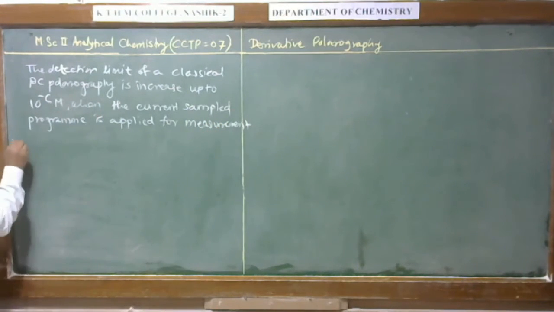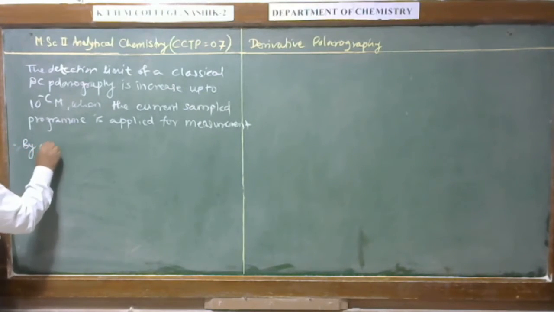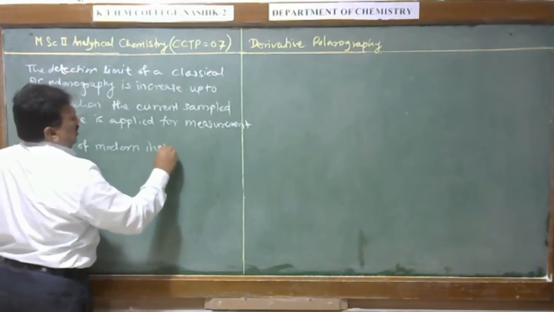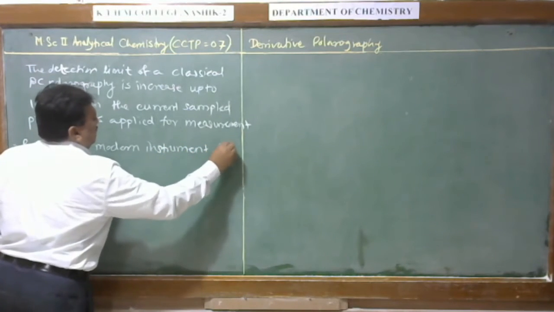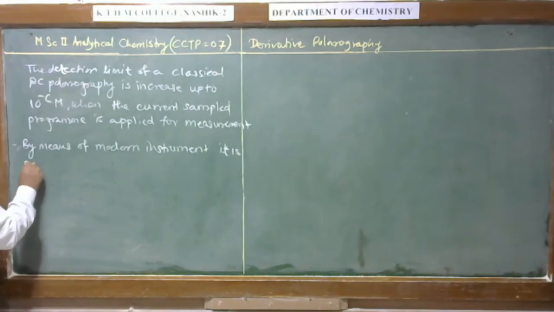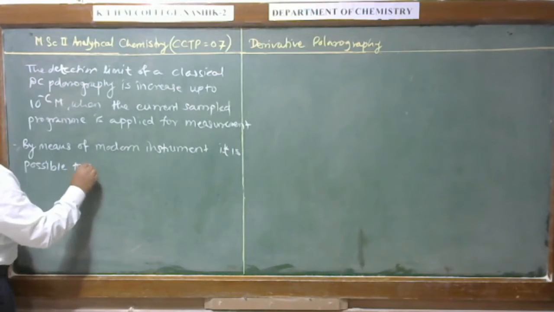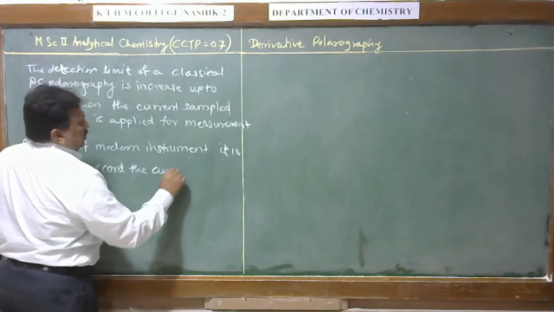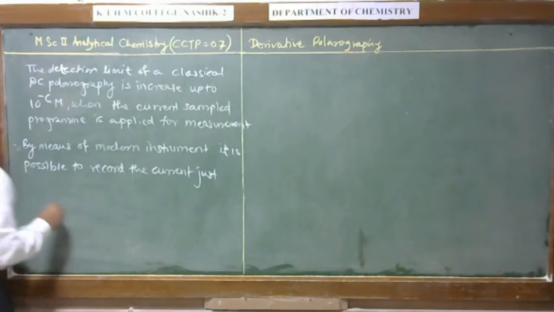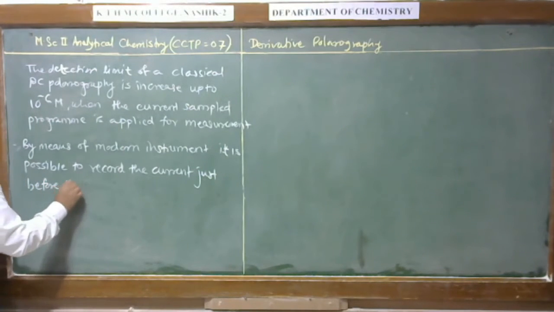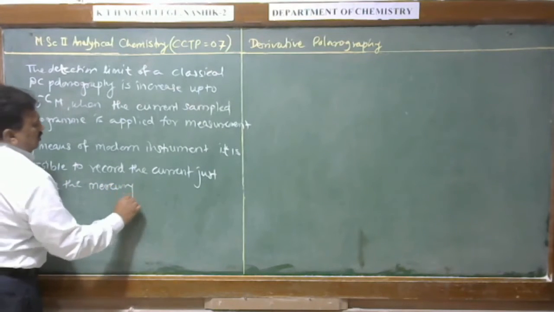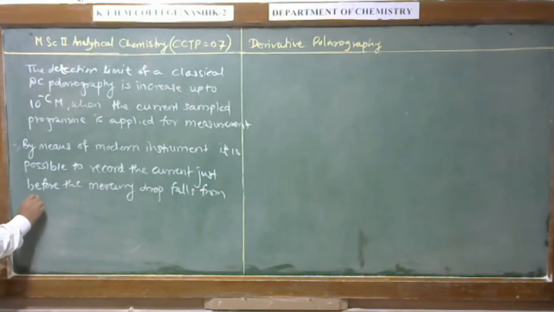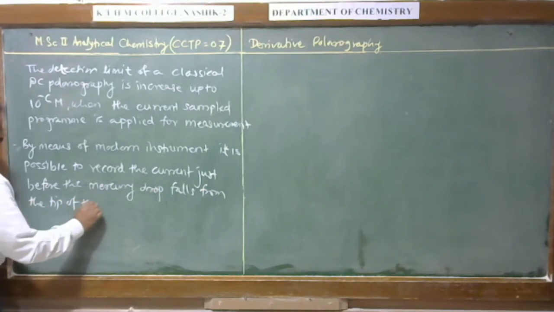By means of modern instruments, it is possible to record the current just before the mercury drop falls from the tip of the capillary.